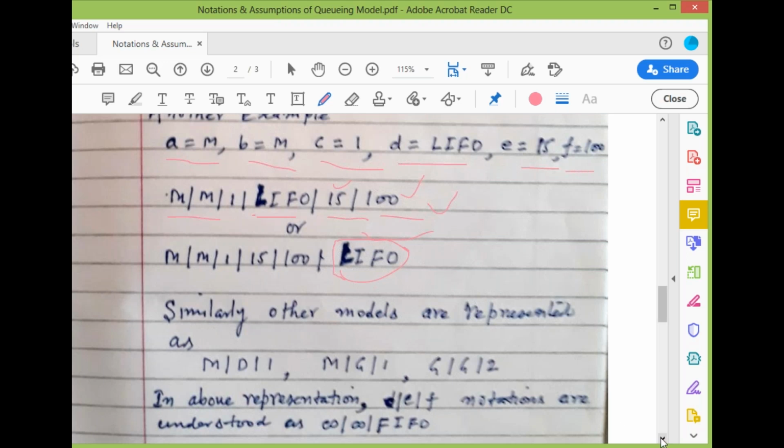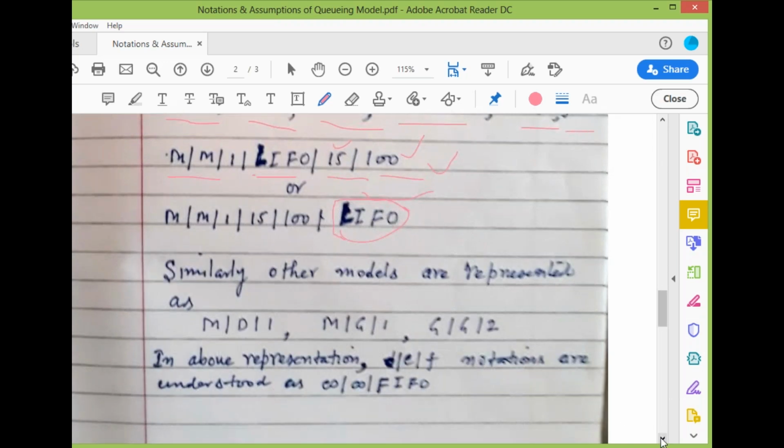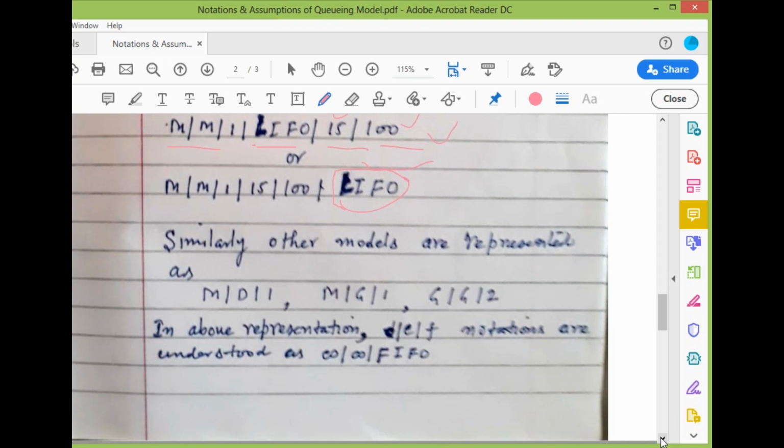So in this way, we can represent the queuing models as you will see in the literature that MD1 means the arrival is Markovian and service is deterministic, means that it is fixed. There is no concept of probability which is entered into the service process.